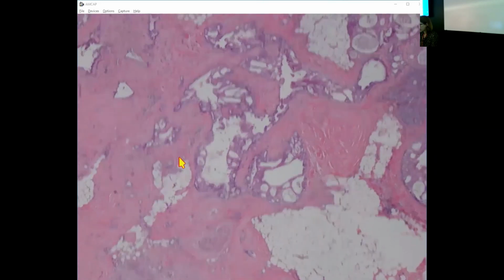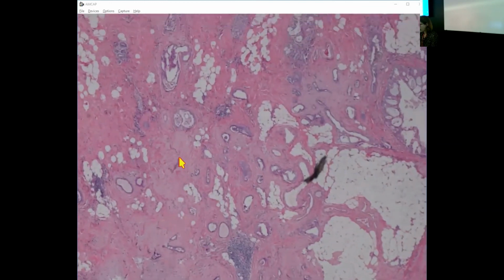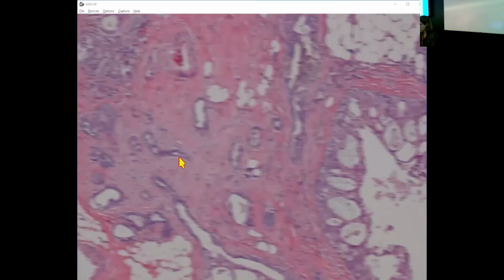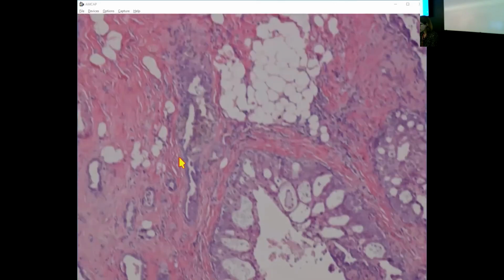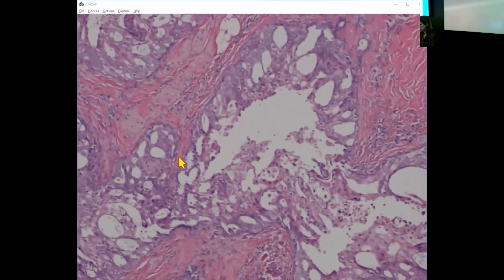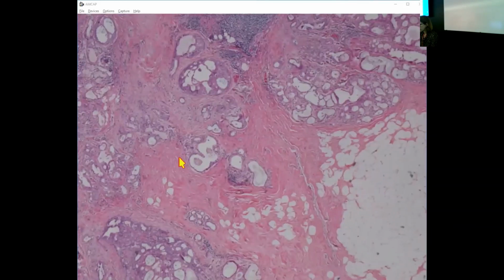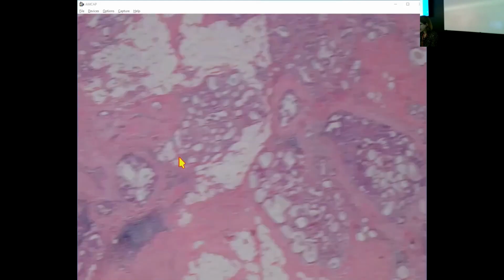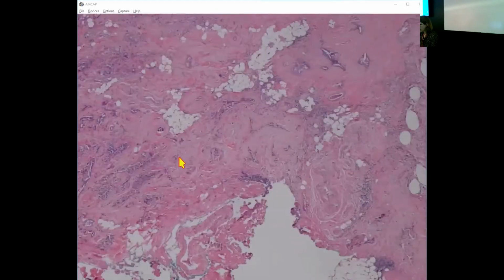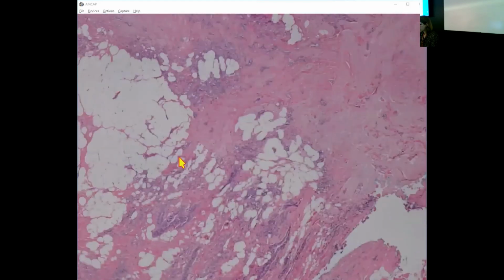But this is an example of DCIS where there is a background complex sclerosing lesion that makes it ever so difficult to be confident about invasive carcinoma without the use of myoepithelial cell markers. Yeah, but I hope you agree that it looks like there's some underlying complex sclerosing lesion here.